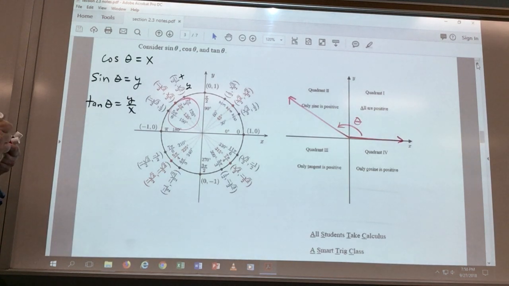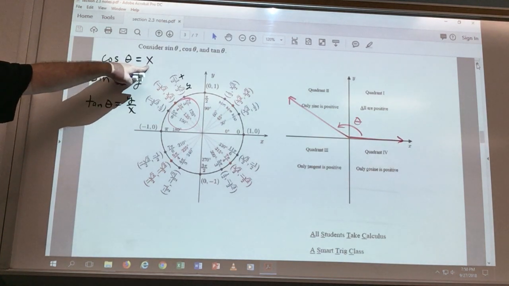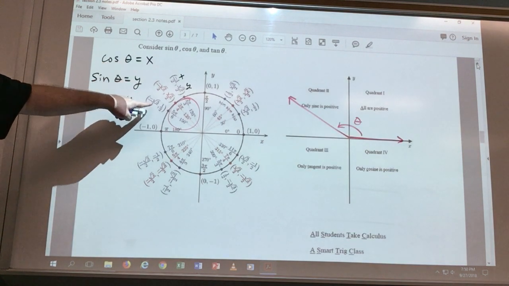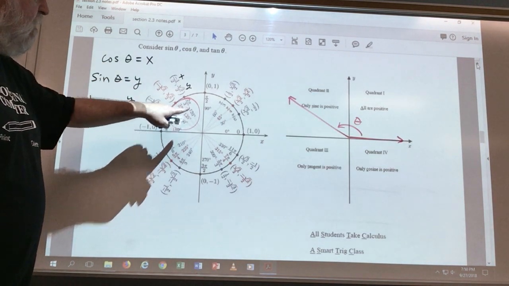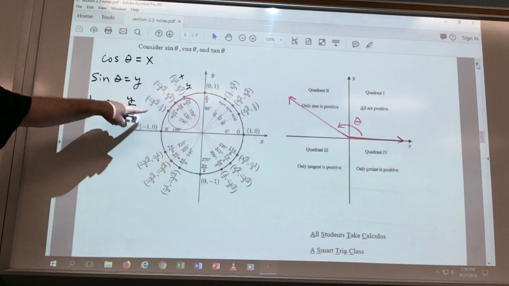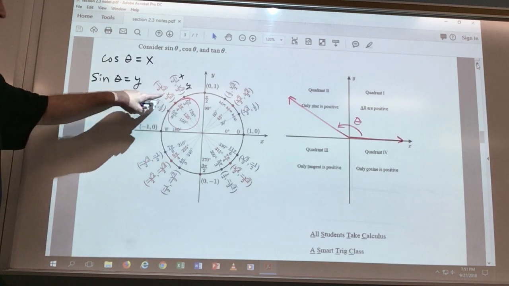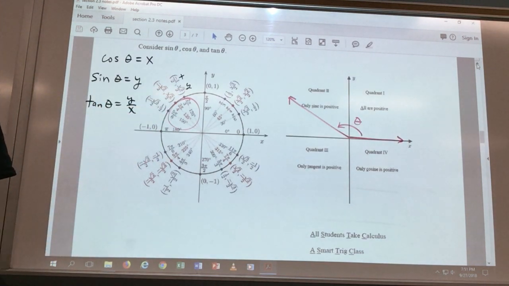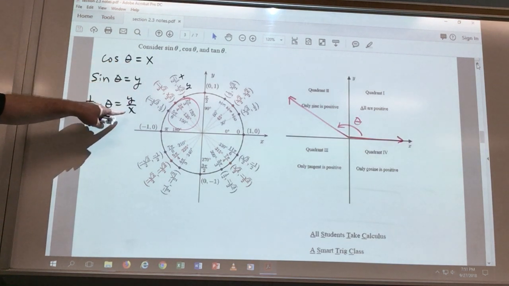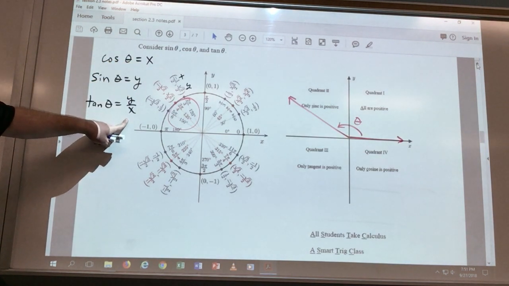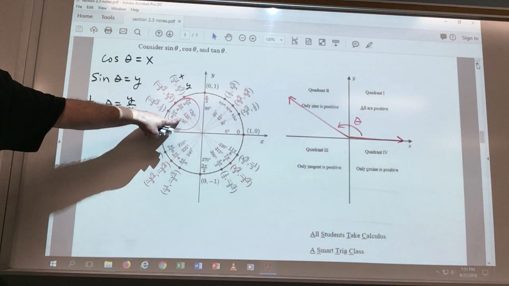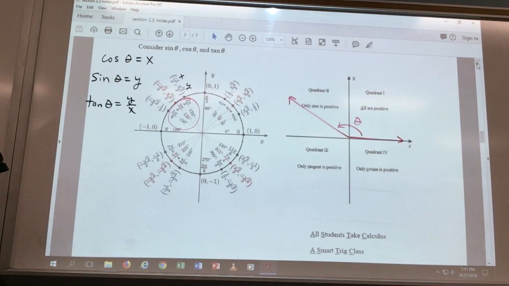So since cosine theta is equal to the x coordinate, that means the cosine function is negative for any angle in the second quadrant. The sine function for any angle in the second quadrant is positive because all the y coordinates are positive. So x is negative, y is positive, and positive over negative is negative. So that means the tangent function is negative for any angle in the second quadrant.